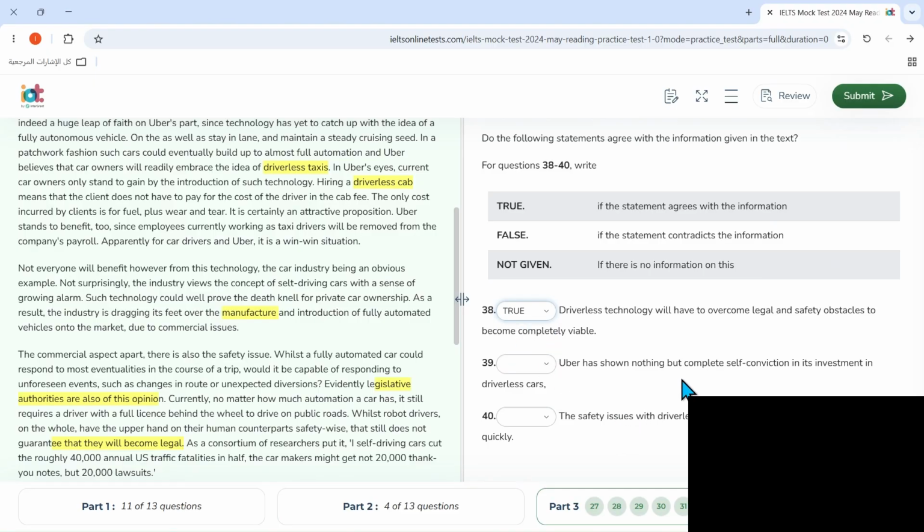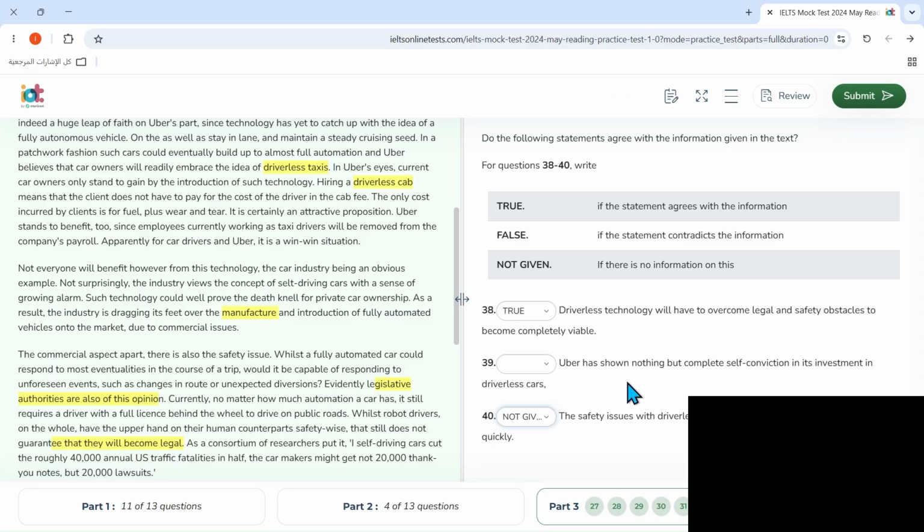Uber has shown nothing but complete self-conviction in its investment in driverless cars. The safety issues with driverless technology are likely to be resolved fairly quickly. Okay.